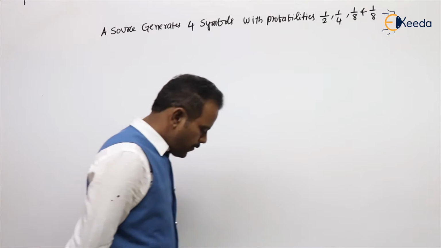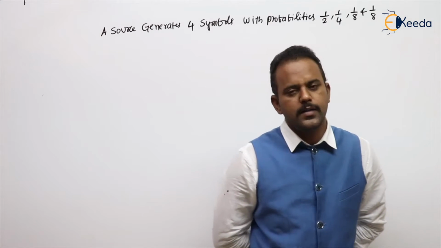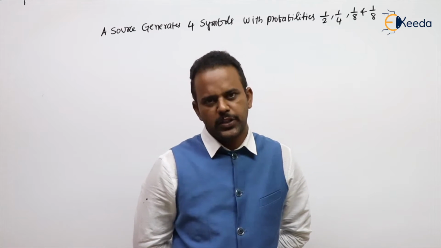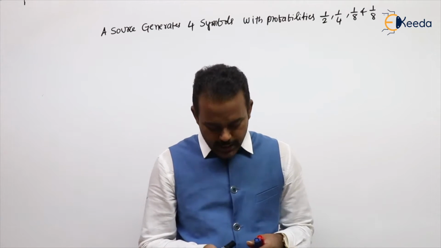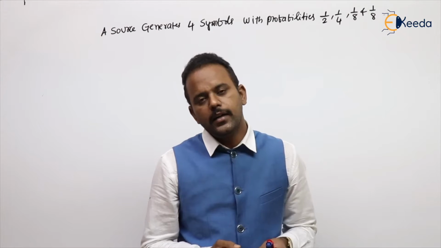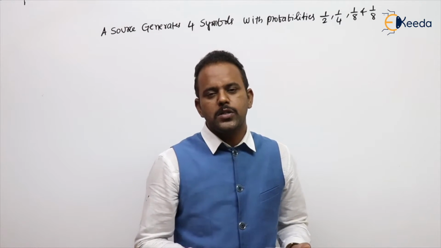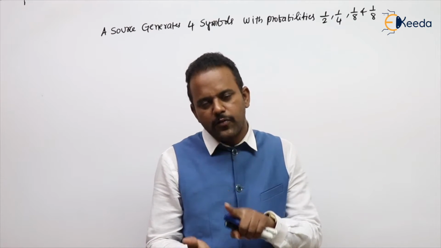See here, what I'm given is a source generating 4 symbols with probabilities 1 by 2, 1 by 4, 1 by 8 and 1 by 8. What I am doing in this lecture is generating the codes for the source by using all 3: Shannon-Fano, Huffman, and fixed length coding.